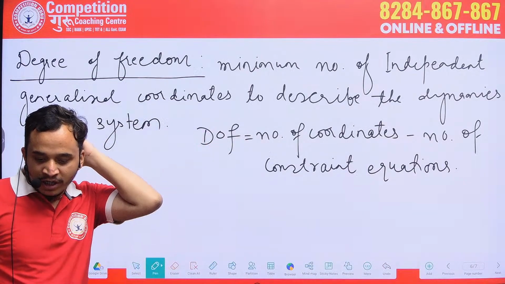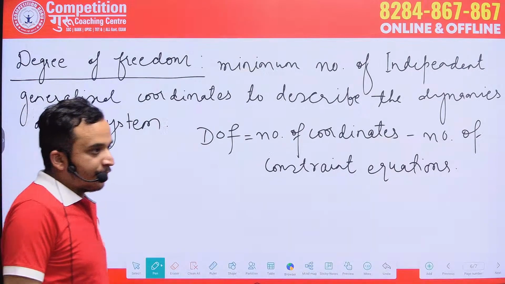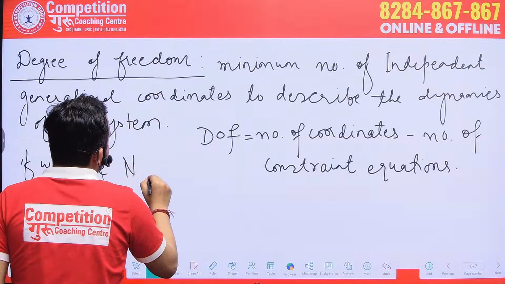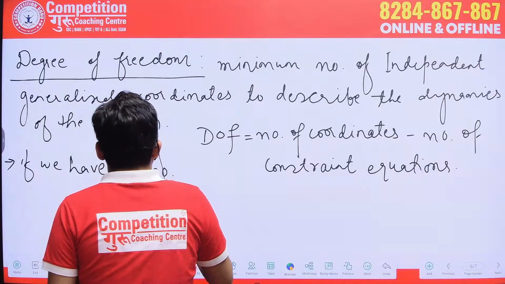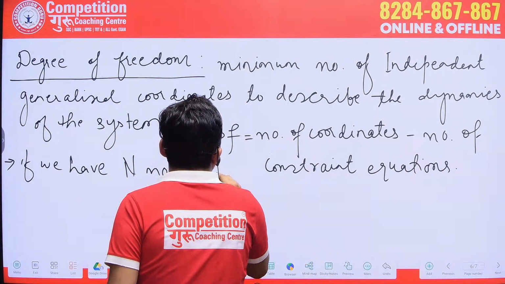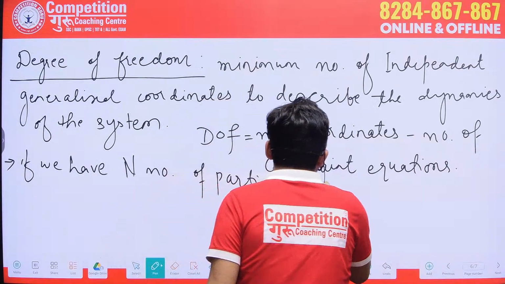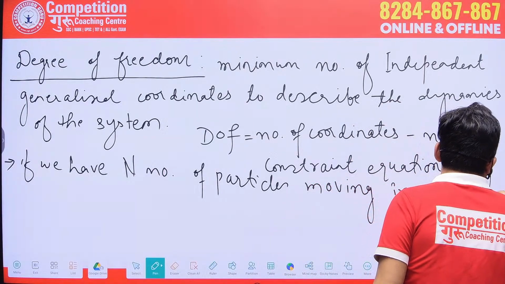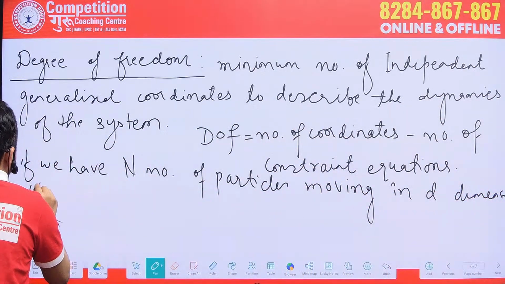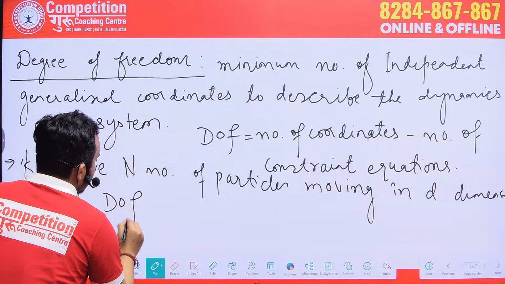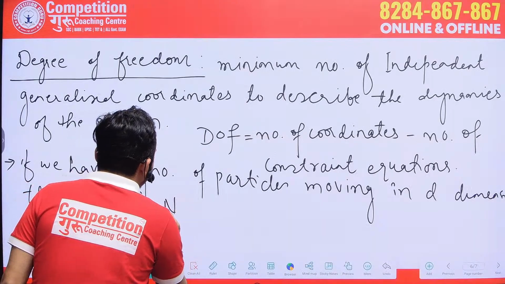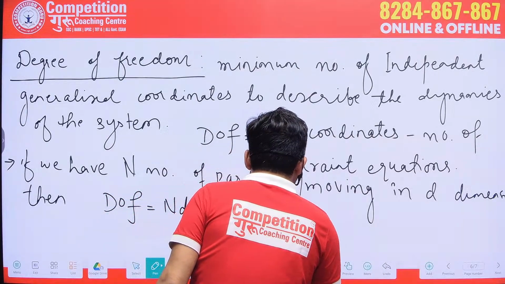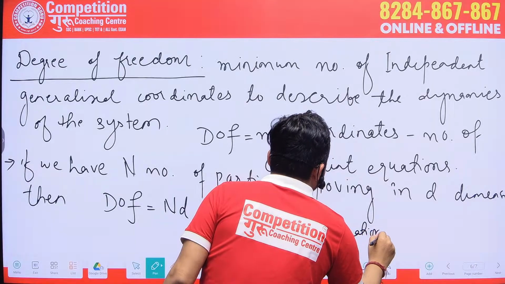Okay, another formula. Let us suppose we have n particles moving in d dimensions. Then the degree of freedom will be equal to n times d minus k, where k is the number of constraint equations.